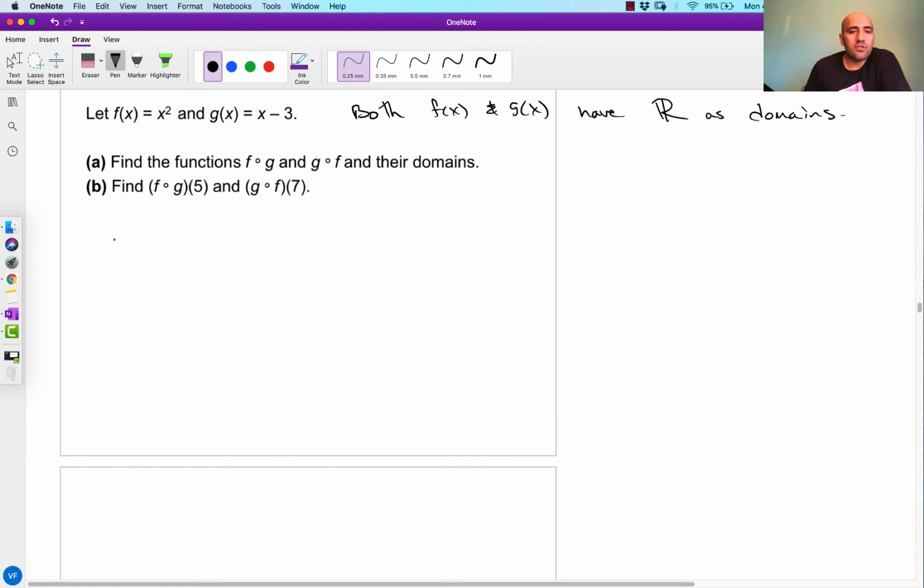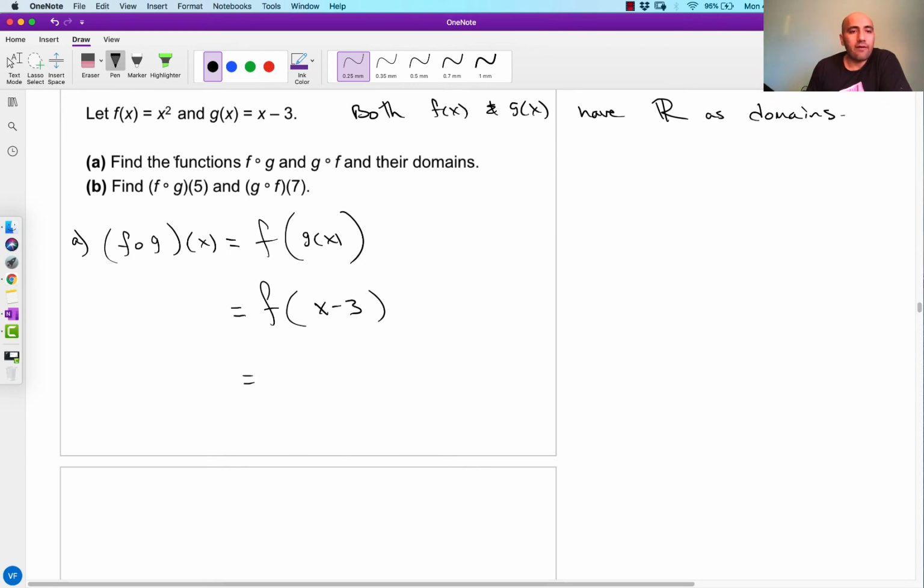Okay, what's the composition function? So for part A, we have f composed with g of x. Remember, we start off from the right and move this way. So this is f evaluated at g of x, which means that this is f, and then g of x is defined to be this right in here. So that's going to be the x minus 3.